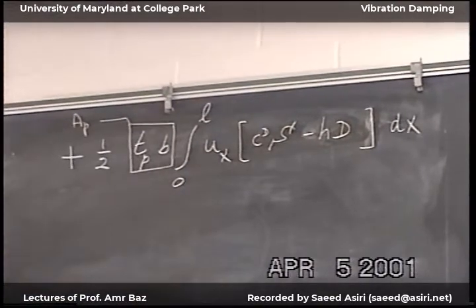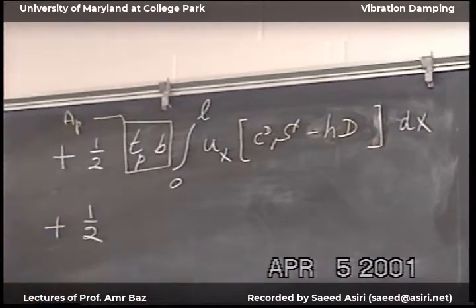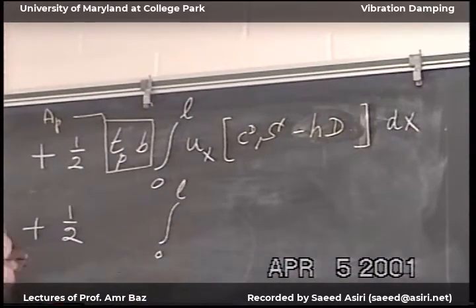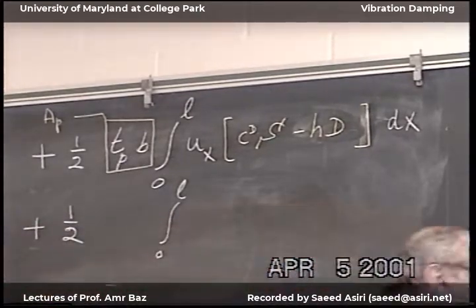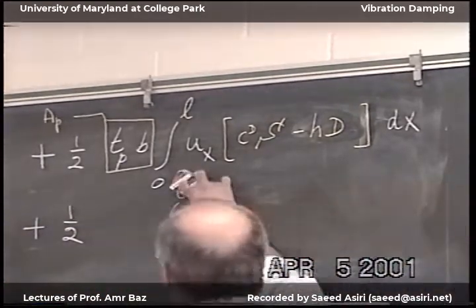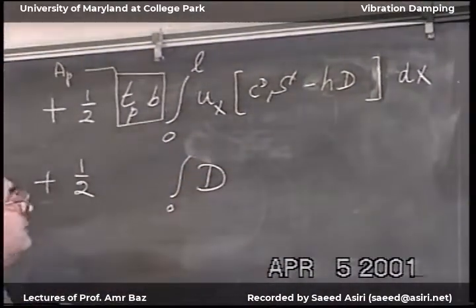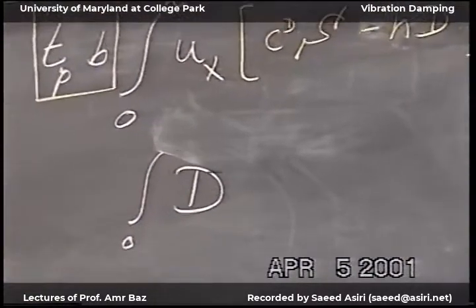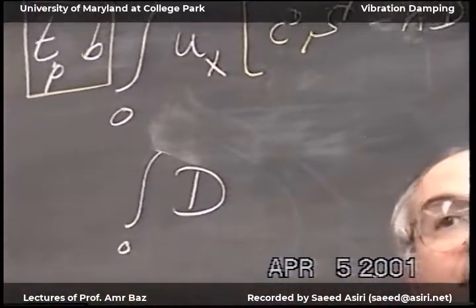And then the last term, one-half integral from 0 to L, and then, sorry, let's leave this for a minute. The displacement D times the voltage, and this occurs only in the piezo, so I have to take the value of it from here.